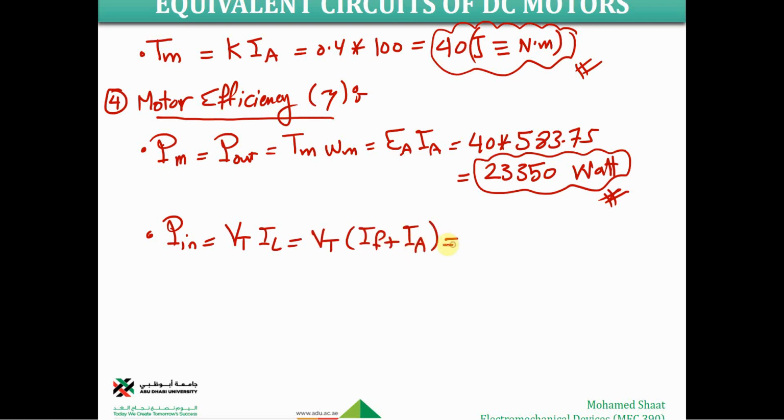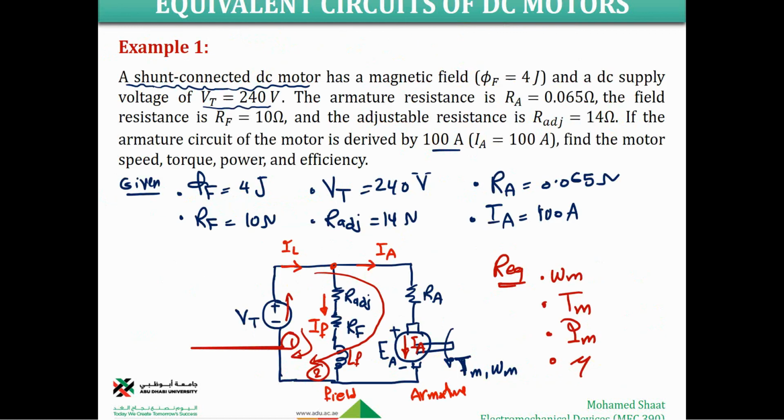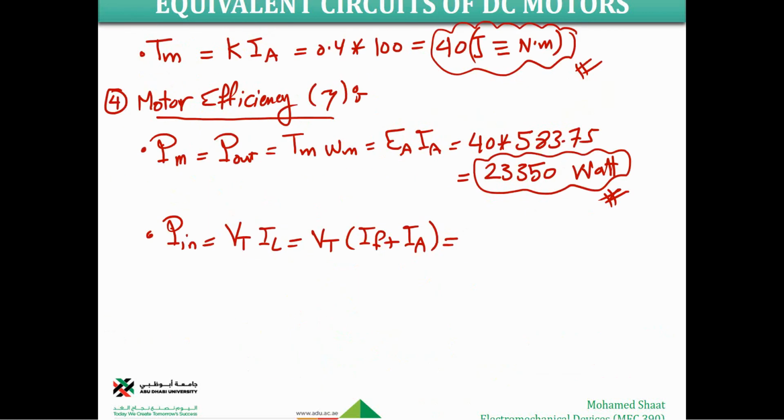The IF, we got it as 10 amperes, as I remember, right? And IA was already given to us as 100 amperes. So this is going to give us 240 times 110. Doing the calculations, we're going to end up with 26,400 watts.